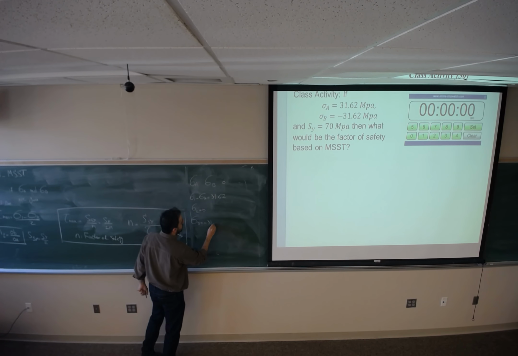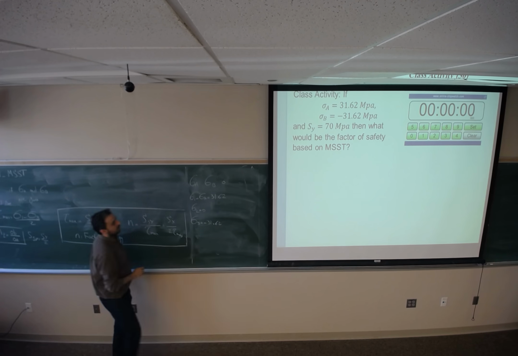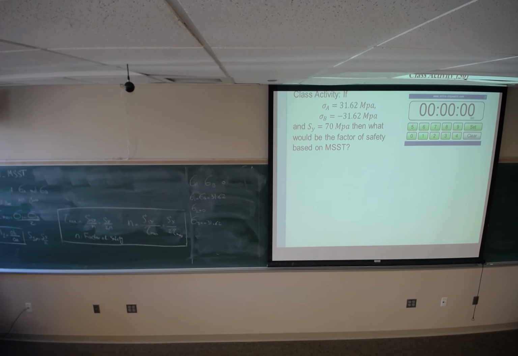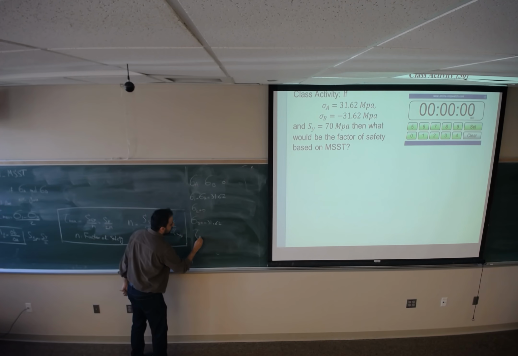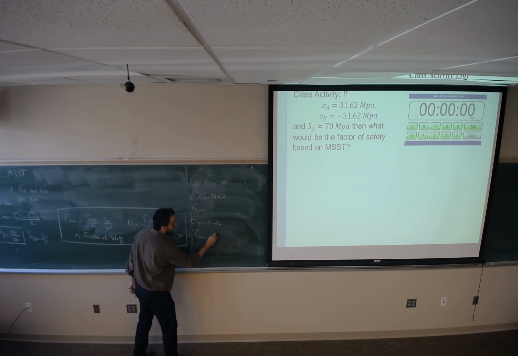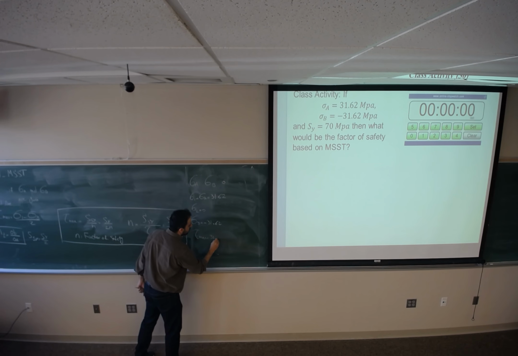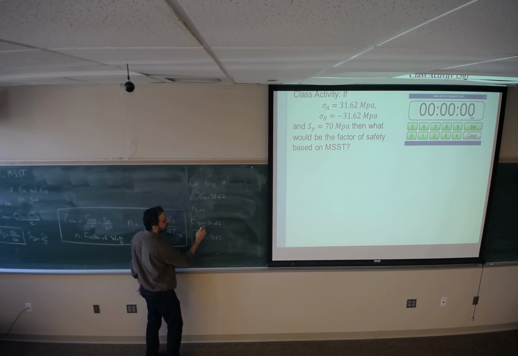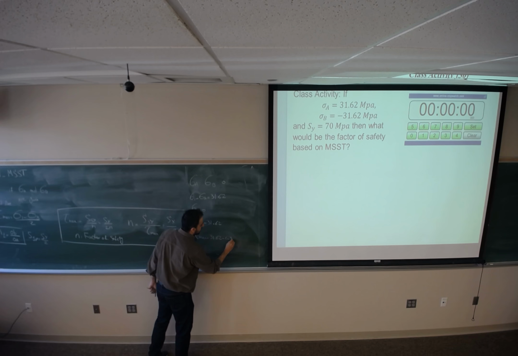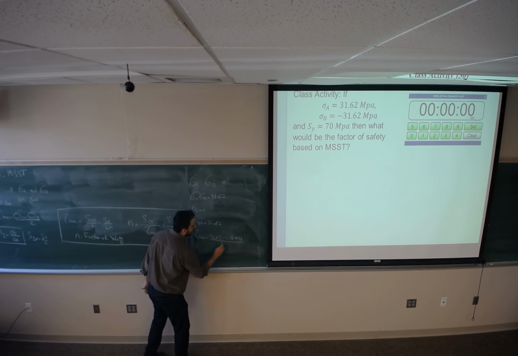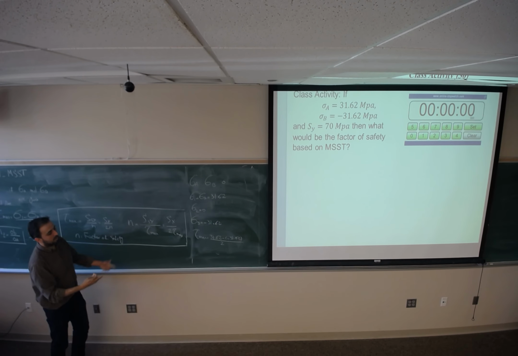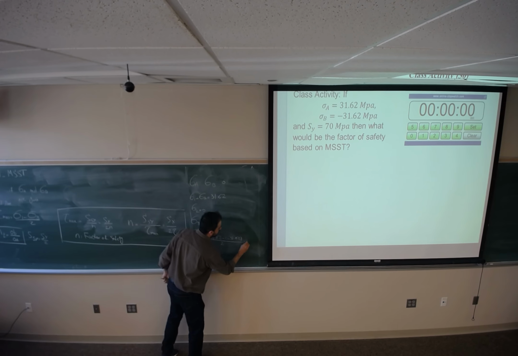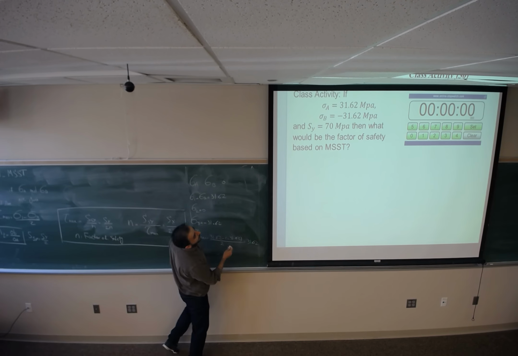31.62. So tau max is 31.62 minus negative 31.62, divided by 2, which is going to be 31.62 megapascal.